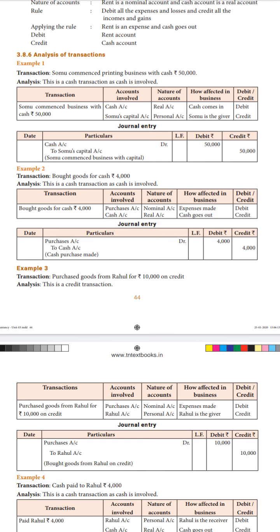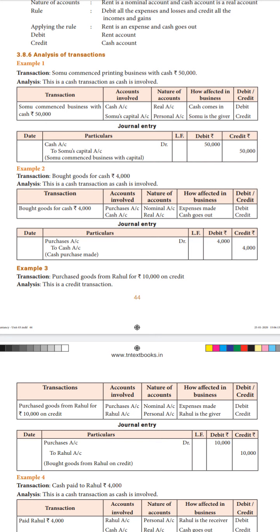In the particulars column, cash account, Dr. So cash account debit. We have to leave a little space, maybe a finger's width, in the next line, and write to Somu's capital account, which means whatever is to be credited must be prefixed with the word 'To'. This is your journal entry.